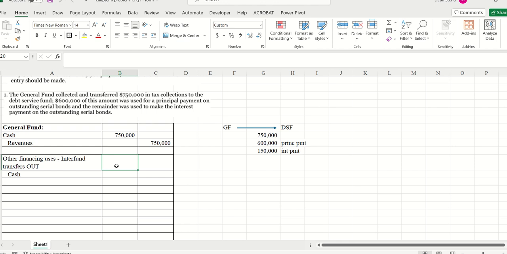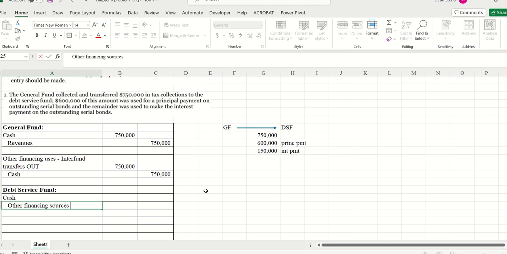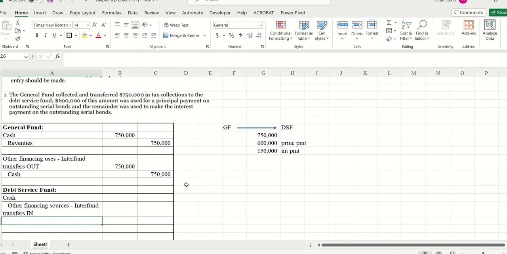Then in the debt service fund, we got cash. How do we get it? Well, other sources, interfund transfers in. Okay, and that would be for the 750 that they just transferred in.